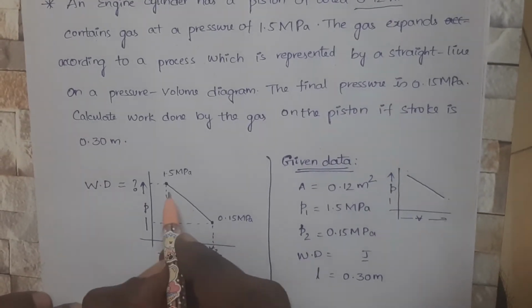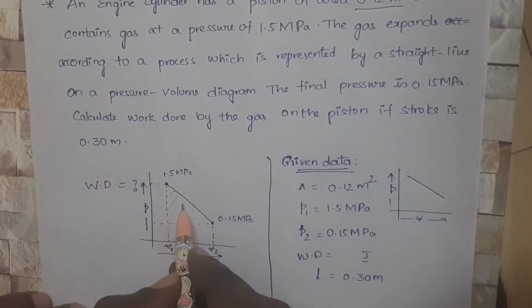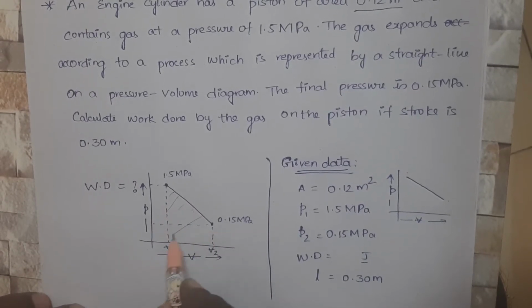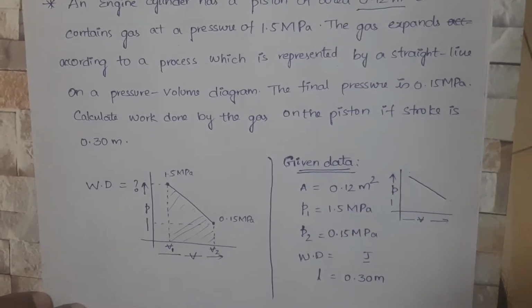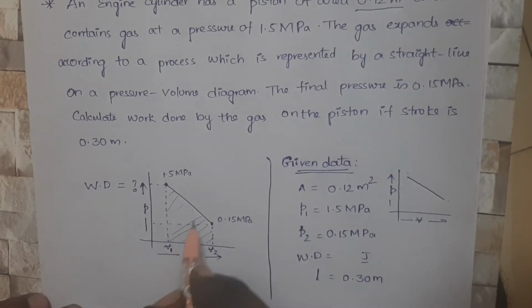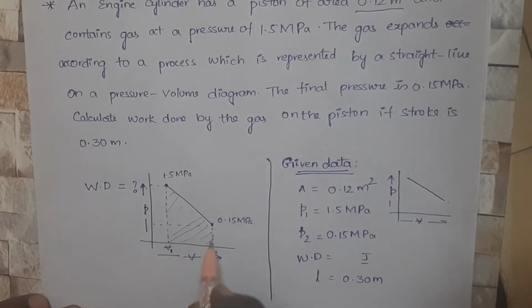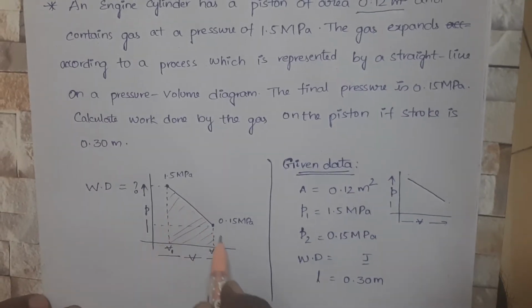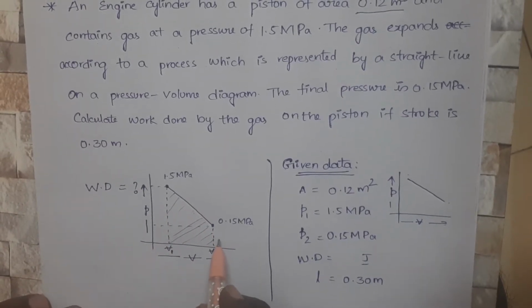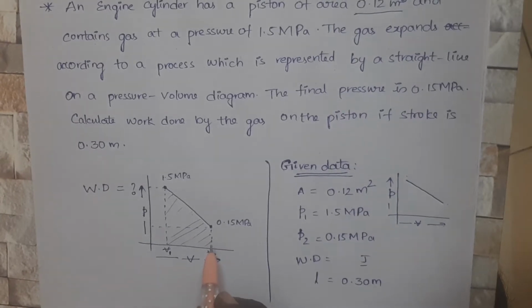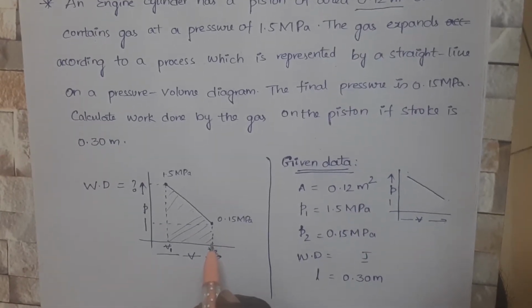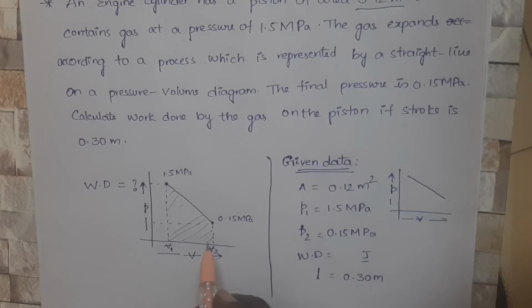We know work done is the area enclosed here. Whatever area is enclosed under this straight line, we can calculate by using the areas method. So this is the areas method problem.